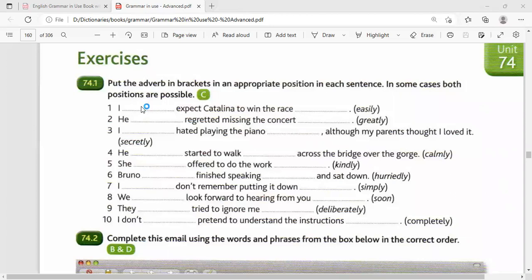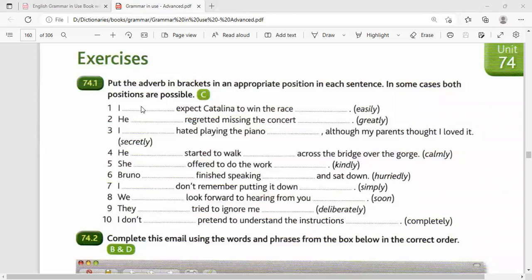Okay. Now move to the following one, number 5. She kindly offered to do the work. Yes, that's right. She kindly offered to do the work.